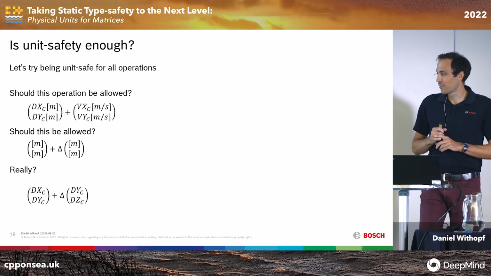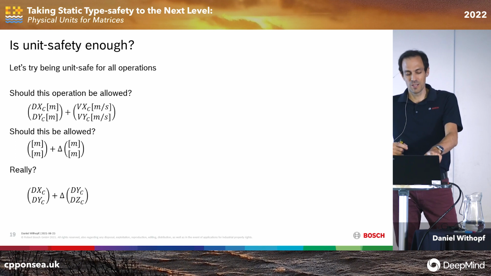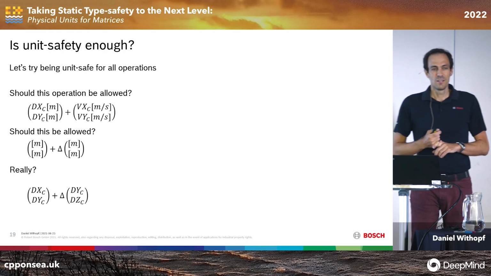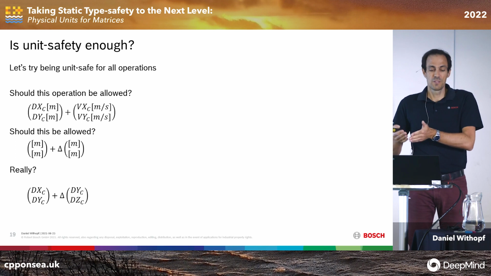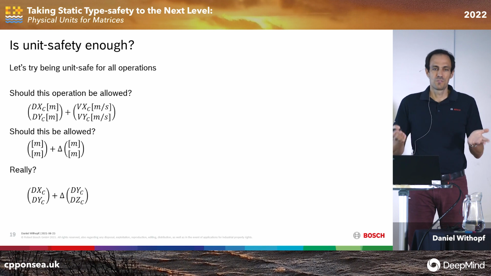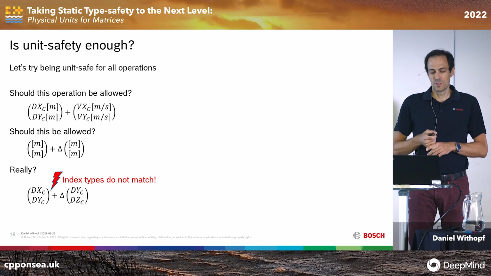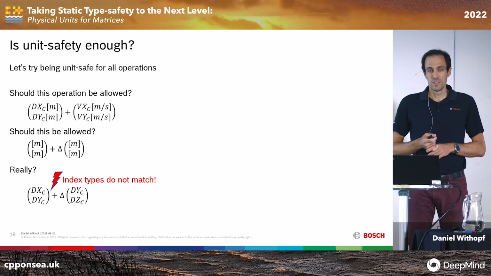That was a bit of a trick question. What if we have a position vector that describes x and y position in the vehicle frame, and the displacement vector describes y and z position in the same frame? Then again, these vectors describe different things, and it should not be possible to add these two together because the index types do not match up.